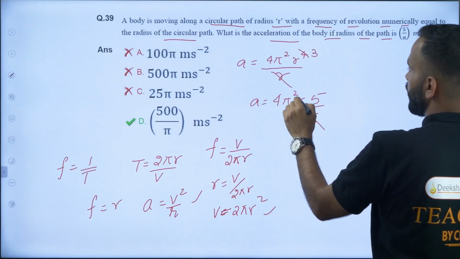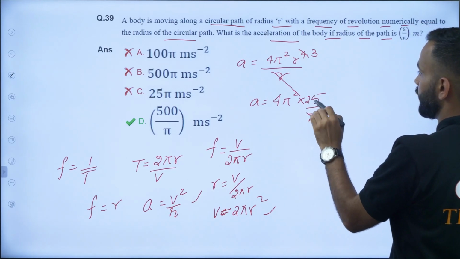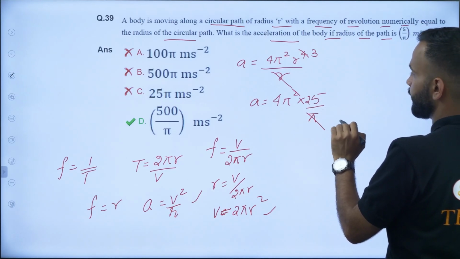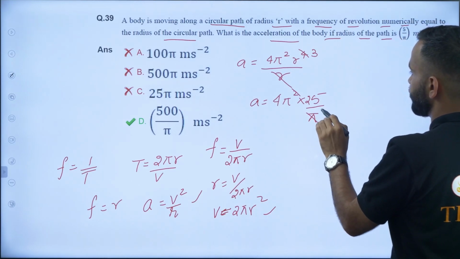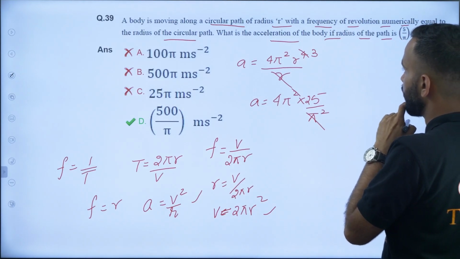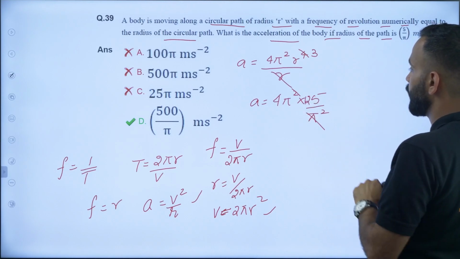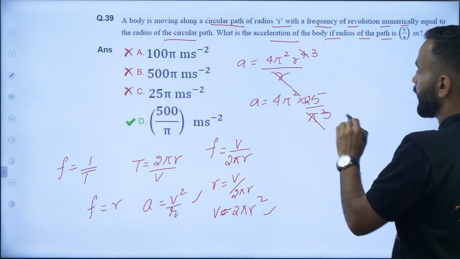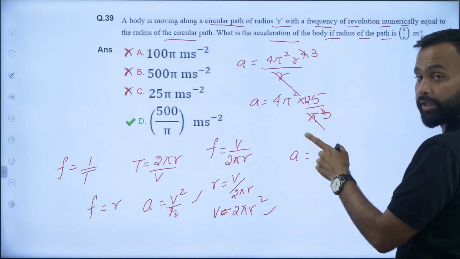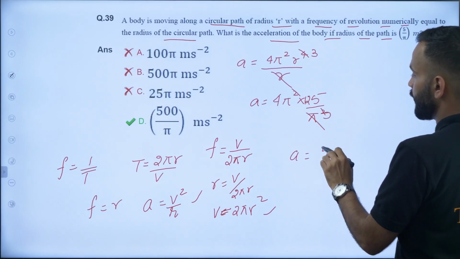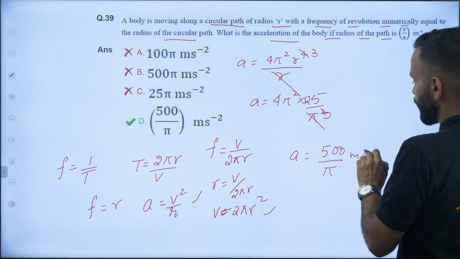So r cube is 125 divided by pi cube. Pi square will get cancelled. Acceleration a equals 125 into 4, that is 500, divided by pi meter per second square.